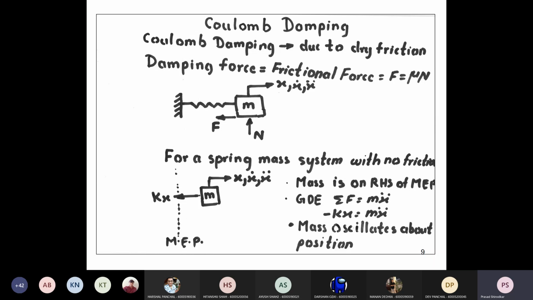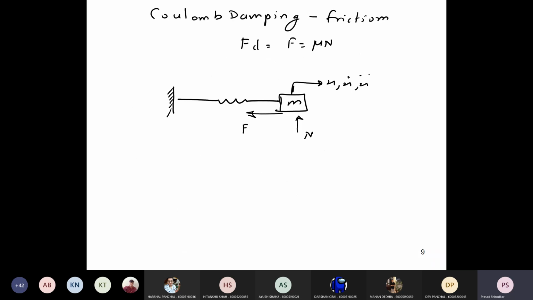Now let's go back to this slide. Let's first consider this system with no friction. There is mass moving on a smooth surface. x, x dot, x double dot is the displacement. This is the mean equilibrium position.